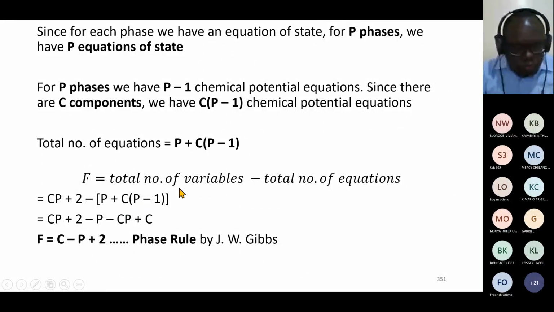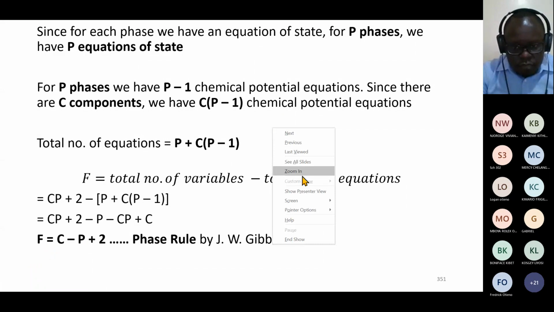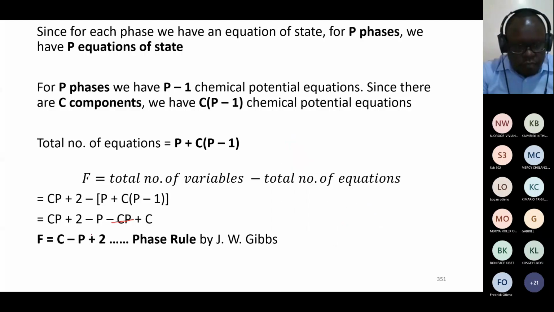When you open the brackets here, you have CP plus 2 minus P minus CP plus C. Of course, the CP cancel out, and you end up with C minus P plus 2.